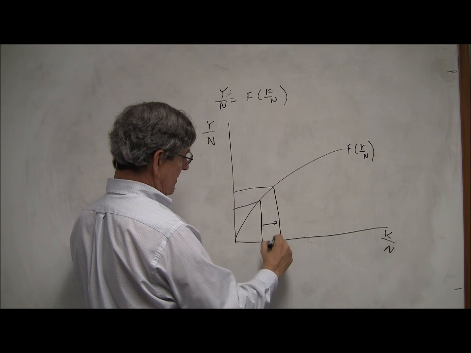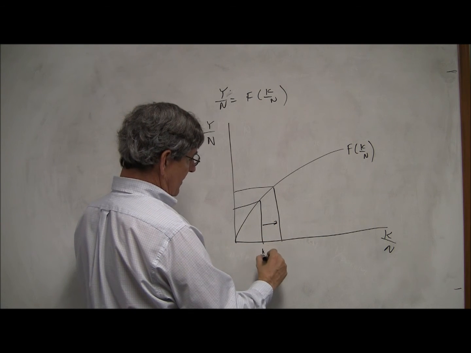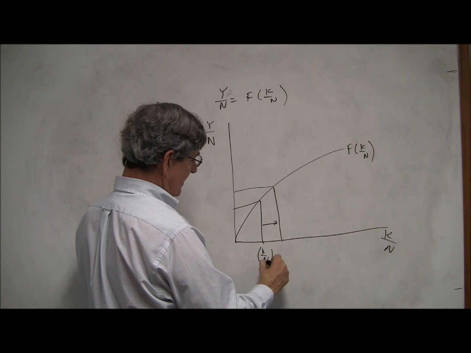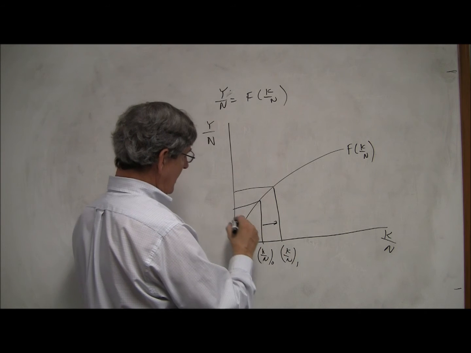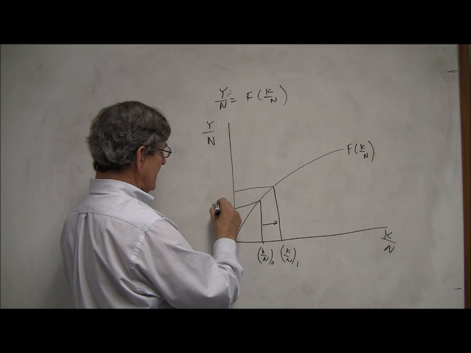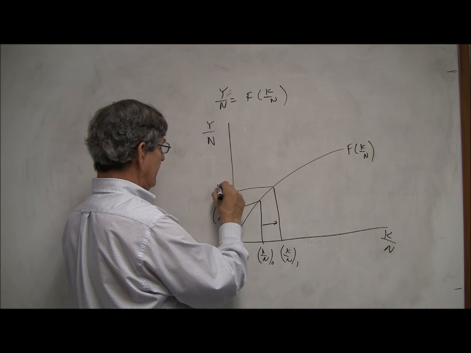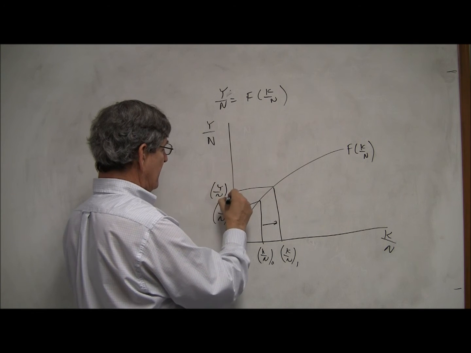so there's k over n 0, k over n 1. Then output per person goes up by that amount.